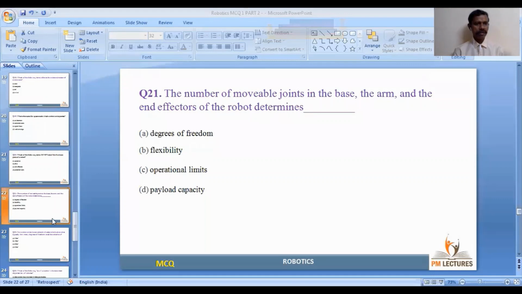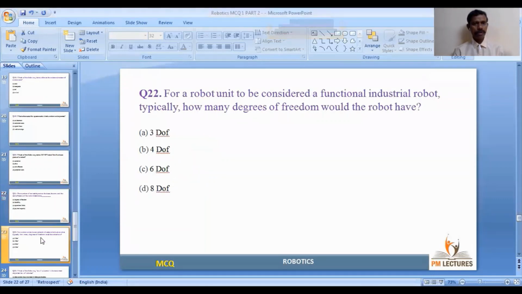Then 22. For a robot unit to be considered a functional industrial robot, typically how many degrees of freedom would the robot have? Option A, 3 degrees of freedom. Option B, 4 degrees of freedom. Option C, 6 degrees of freedom. Option D, 8 degrees of freedom.